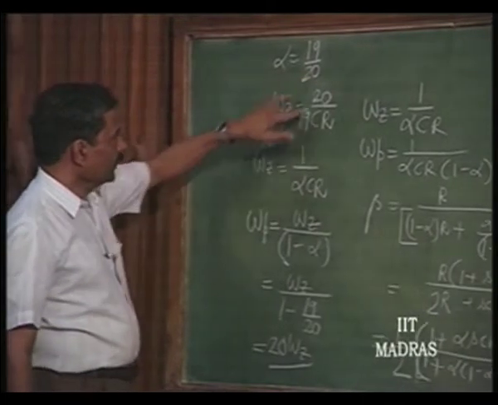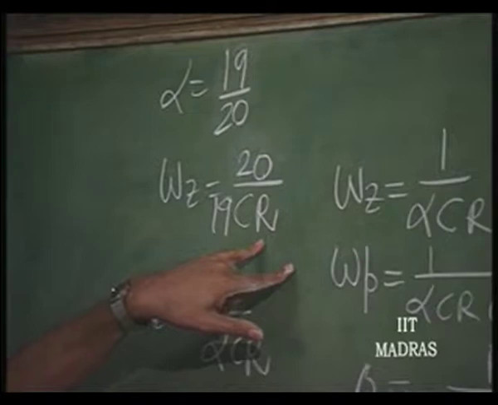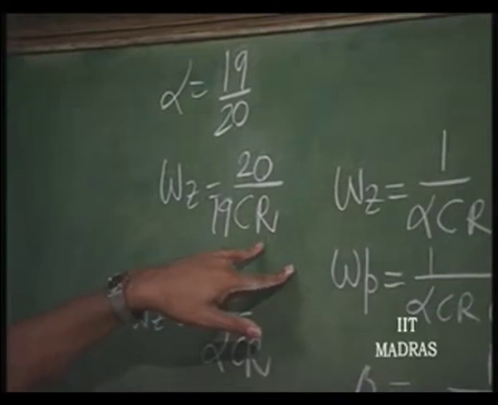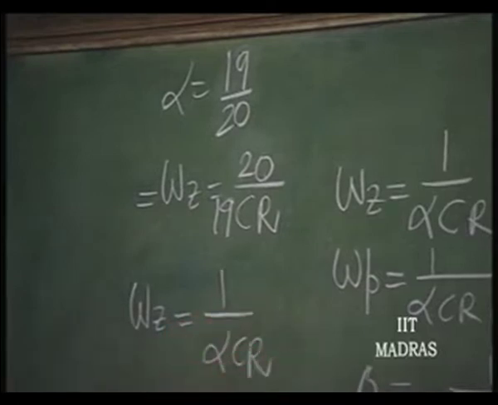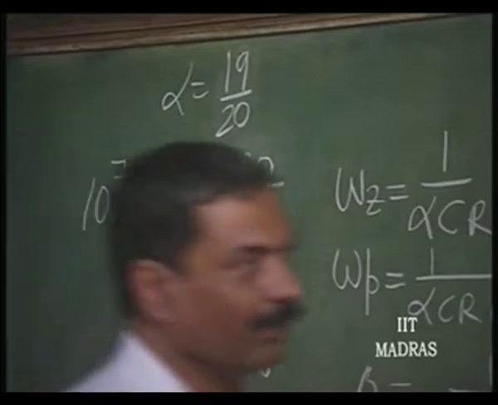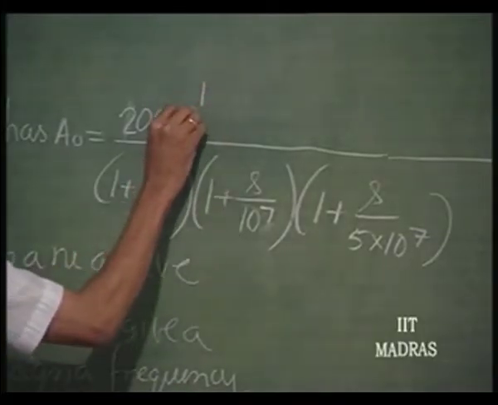Then omega z is 20 by 19 times CR, which is very close to 1 by CR. That has to be made equal to, let us say, 10 to power 7. I will make this equal to 10 to power 7. So, I am now introducing in this a beta which is half.